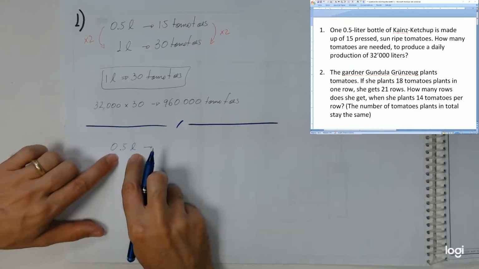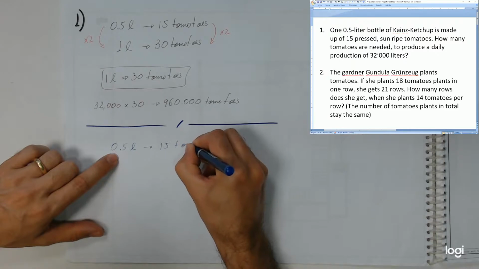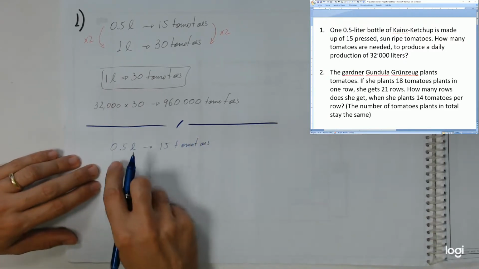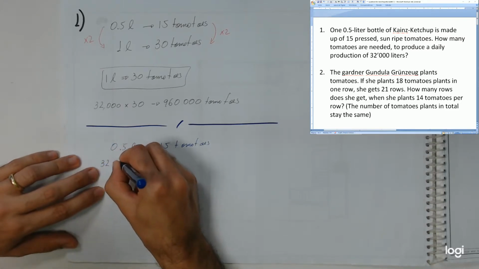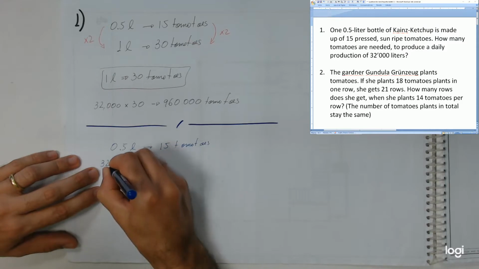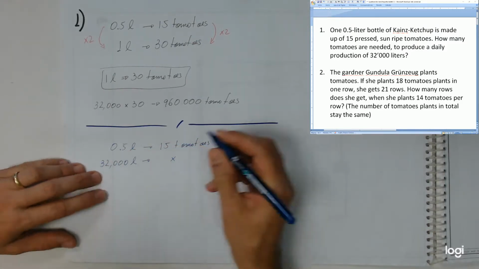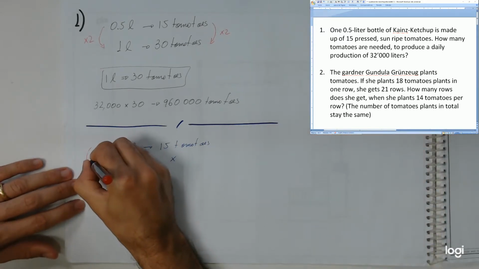With half a liter, we have 15 tomatoes. Now, instead of half, we just need 32,000 liters. Therefore, X tomatoes. It is the same thing, but now we're going straight to the answer.